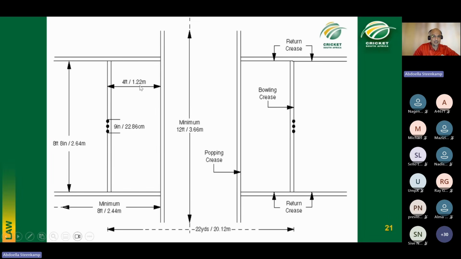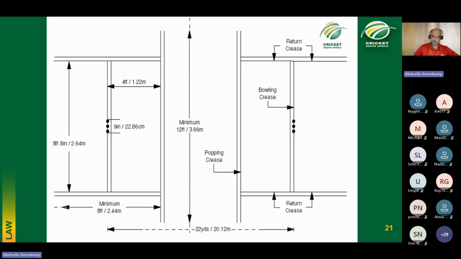So for me, this 1.22 meters measurement is important because from this measurement, I can derive two other measurements. If you take 1.22 meters and you multiply it by 2, you get 2.44 meters. And what measurement is 2.44? The return crease measurement. The other one is, if you take 1.22 meters and you multiply it by 3, you get 3.66 meters.